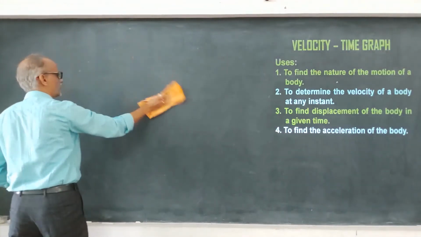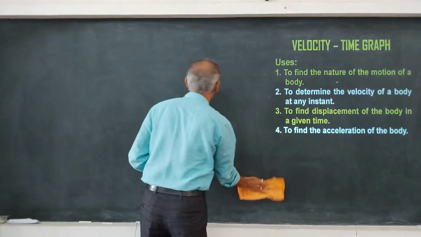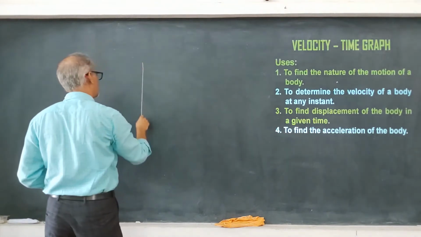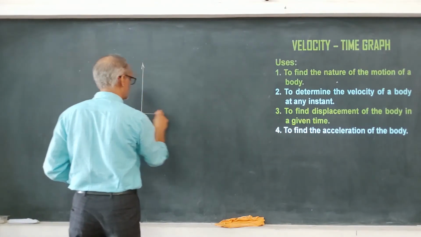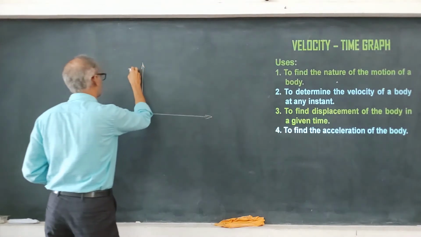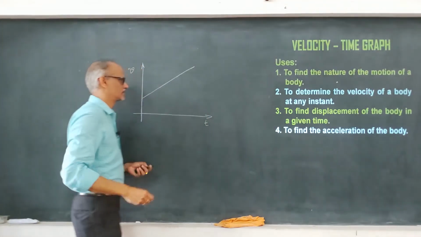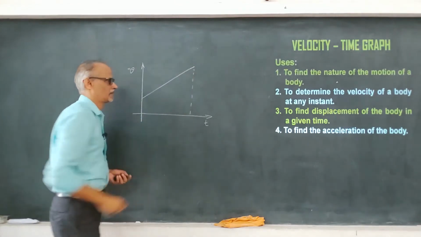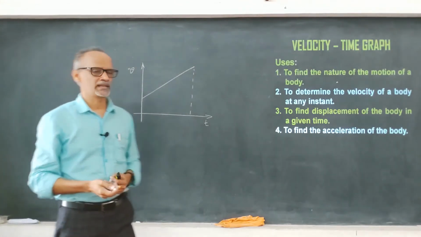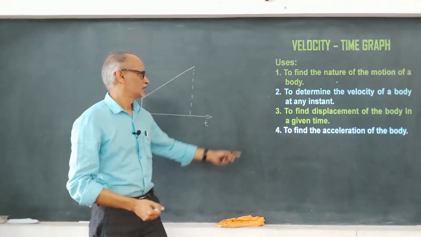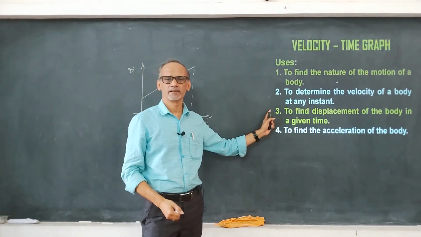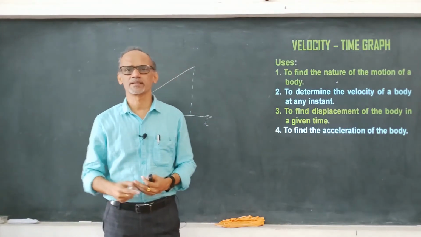So the fourth and the last one. If I consider a VT graph, this is the graph that I am going to consider. I want to find the acceleration of the body. To find the displacement, I can find the area below the graph. How to find the acceleration?